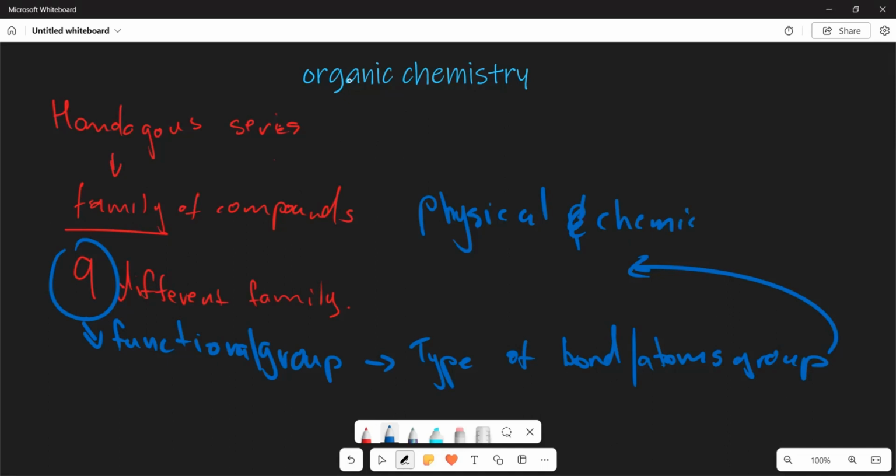That is what makes these 9 distinct families.